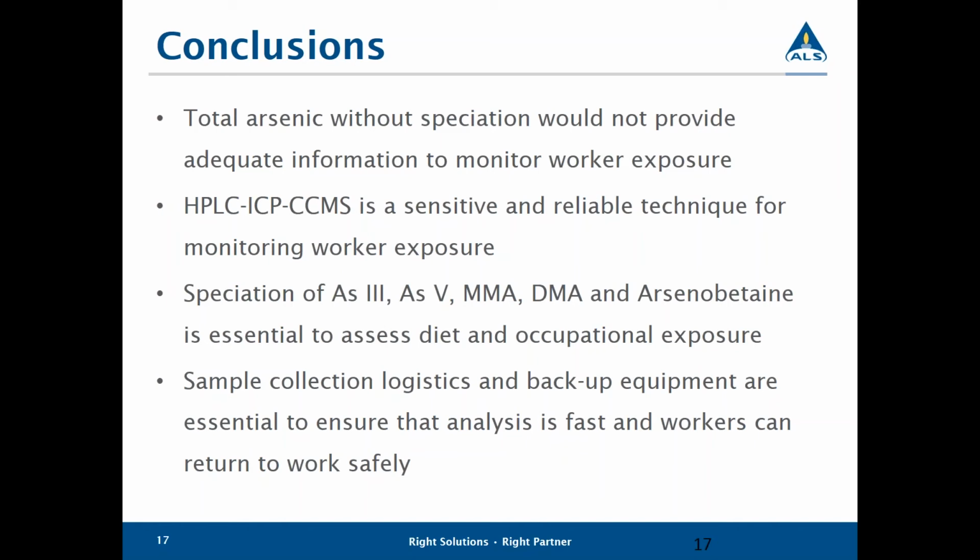Speciation of arsenic III, V, MMA, DMA and arsenobetaine is really essential, so you have to look at all those species to assess both diet and occupational exposure. Sample logistics and backup equipment are essential to ensure fast analysis, which will enable workers to return to work safely and quickly.